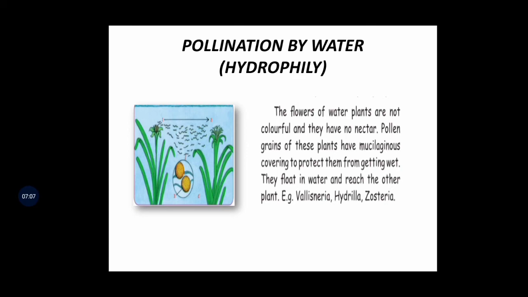They float in water and reach the other plant. Examples: Vallisneria, Hydrilla and Zostera. In these plants, the pollen grains are carried with the help of water. That is what is called hydrophily.